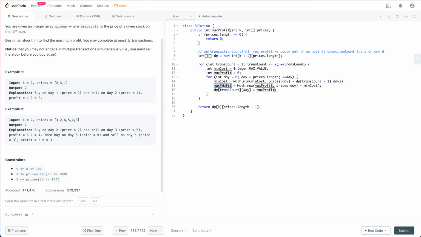And this max profit means what is the maximum profit we could get by doing this many transactions at this day.